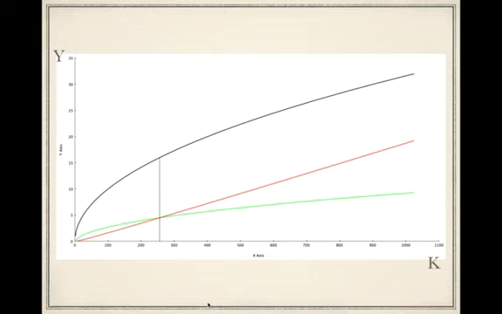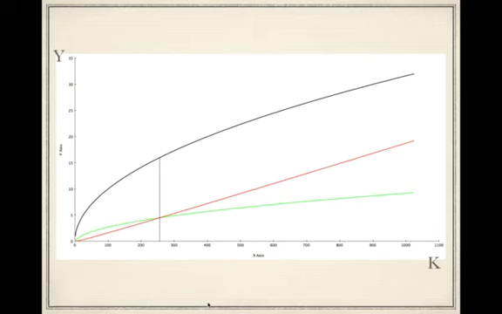So if the depreciation rate goes up, our whole red line would shift up. And if we were at the dashed point in capital and output, I know that's not dashed, I should have drawn that over, but at that point, what would now happen if our depreciation rate shifted up?